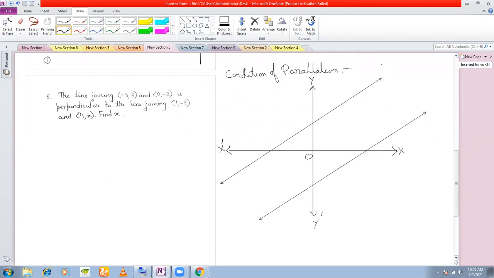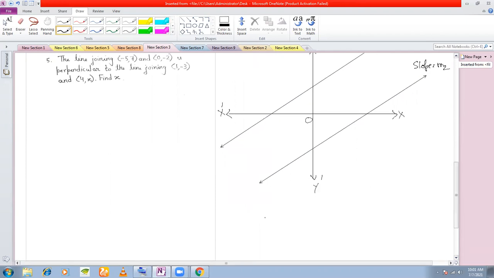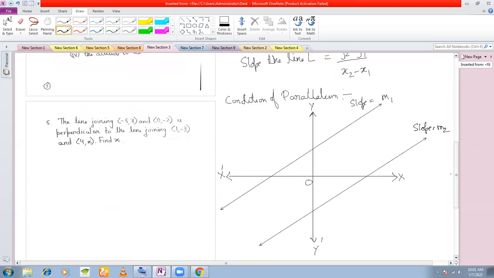Suppose the slope of this line is m1, and the slope of this line is m2, then these two parallel lines must have equal slopes. This is not something which we had done last year, which was removed from the syllabus actually. So m1 must be equal to m2. So 2 straight lines will be parallel only if their slopes are equal.